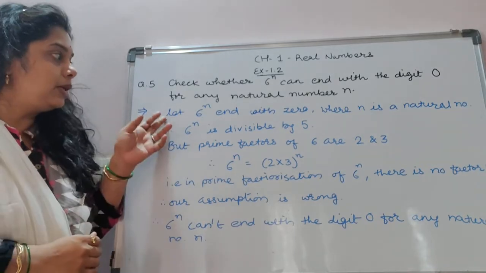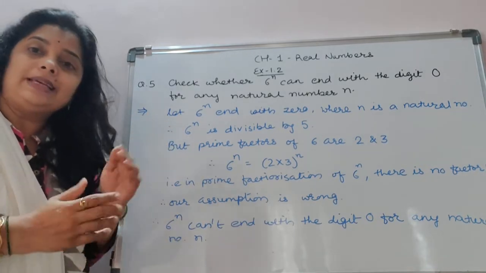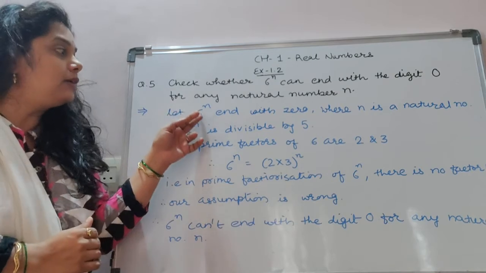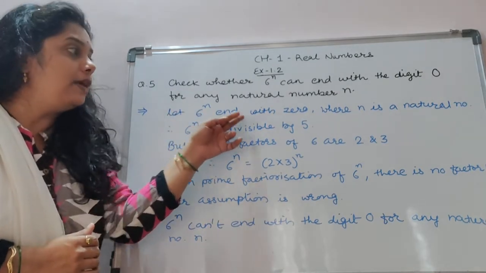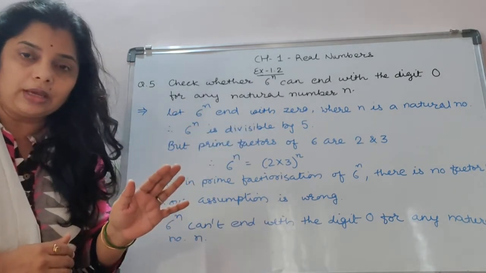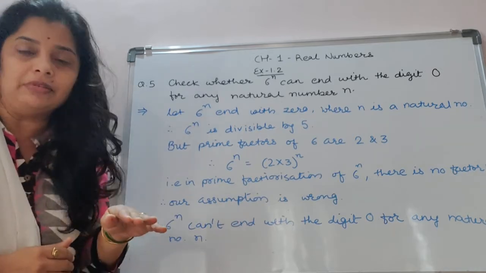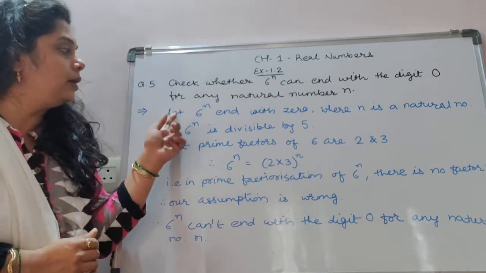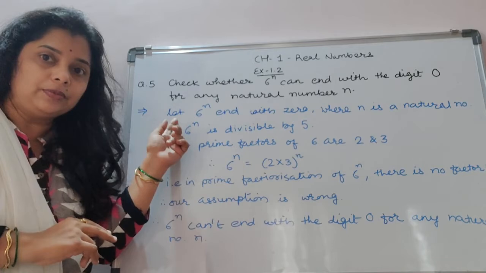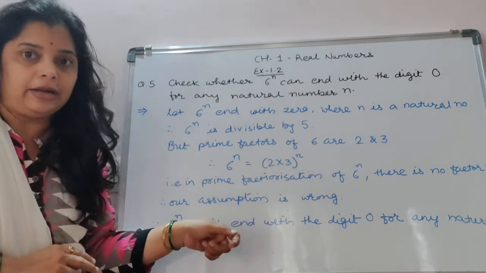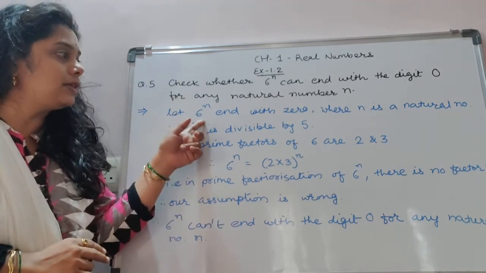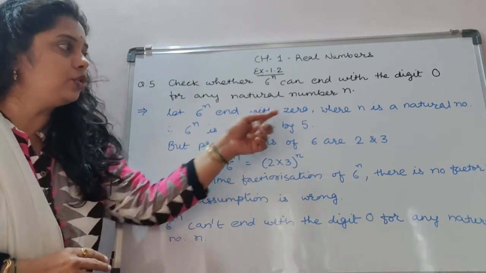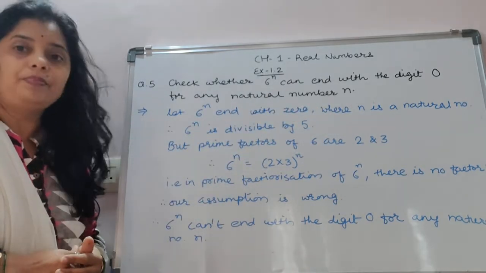For example, here I have taken the exactly opposite: let 6 raised to n end with 0. I know that it doesn't end with 0, but even though, I assume the exact opposite and will prove it wrong at the end. Now let 6 raised to n end with 0, where n is a natural number.